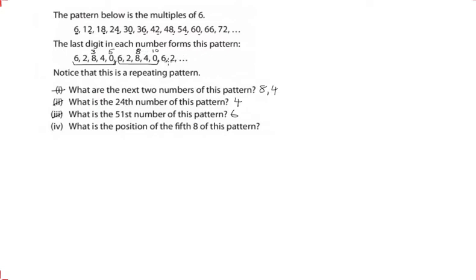And then if I write it out again, 6, 2, 8, 4, 0, 6, 2, 8, 4, 0, with commas just to separate them. So 10, 11, 12, 13. Okay, so you can see here it's at 3. So the first 8 is the third, then the second 8 is the 8th.